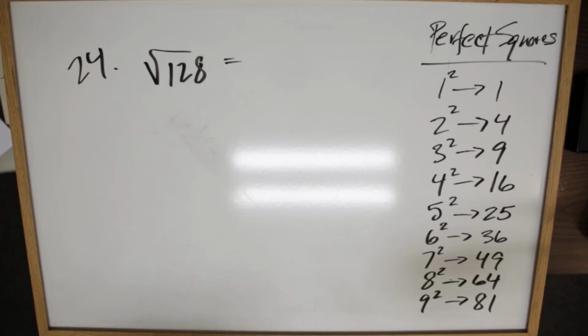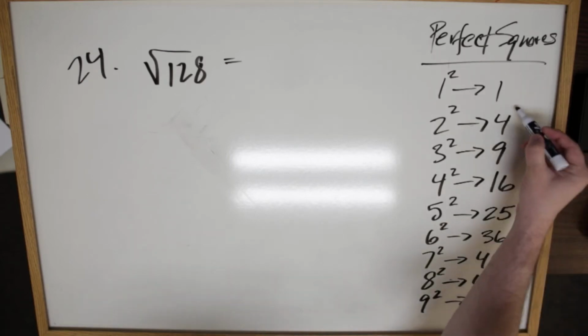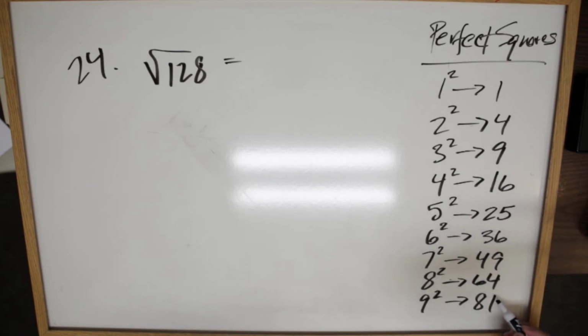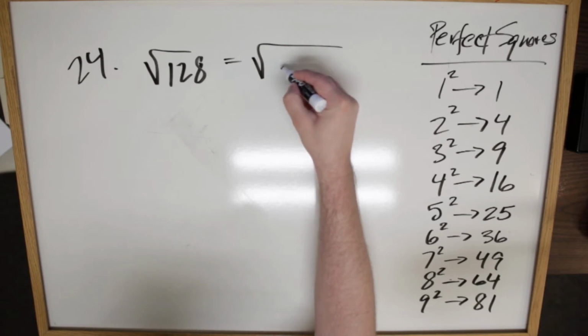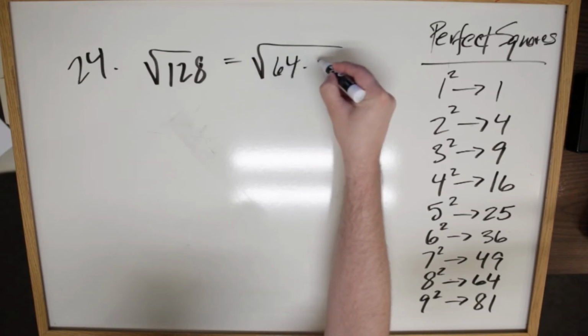128. So usually I'll try to find something that is divisible by these guys all the way here on the right-hand side. So 128 actually can be written as the square root, in this case, of 64 times 2.